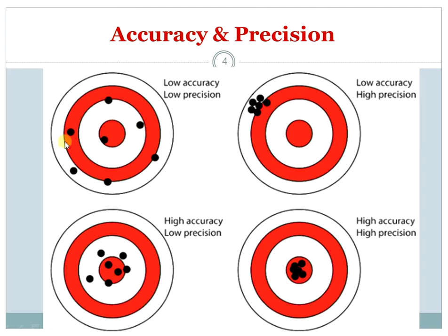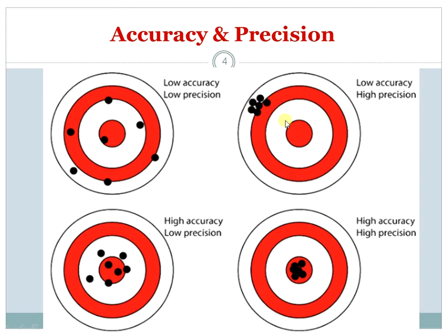The second, third, fourth, fifth and sixth are scattered all over. So we can say it has low accuracy and low precision.